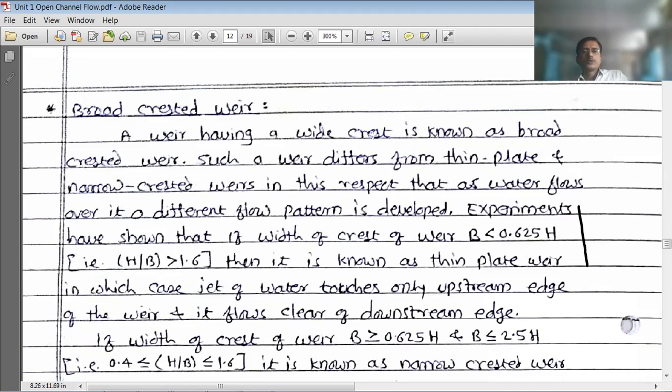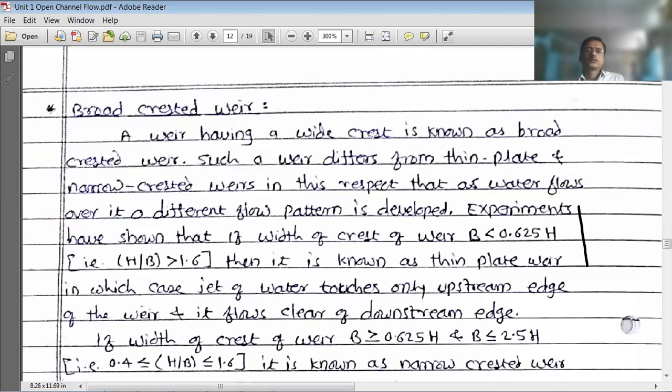And the last one is the Ogee weir. These are the various classifications. Depending upon the thickness or width of the crest, here we have three classes: sharp crested, narrow crested, and broad crested weir. When we call a weir broad crested, sharp crested, or narrow crested, that thing we should know. So note it down in your notebook.